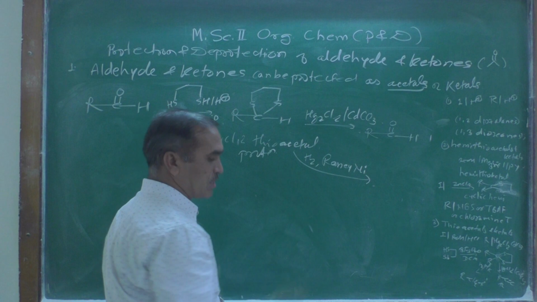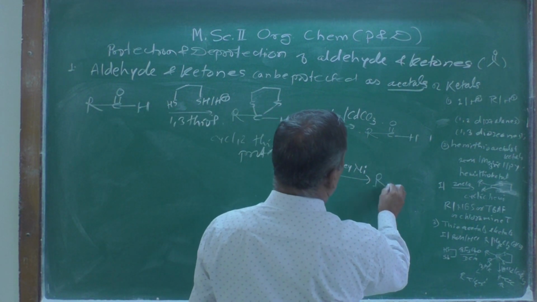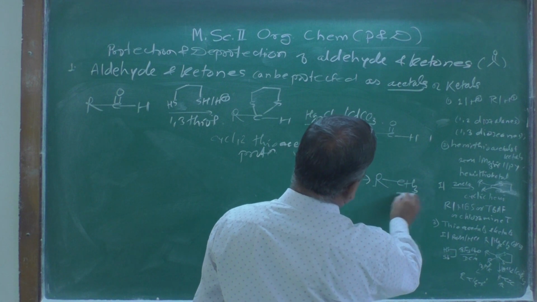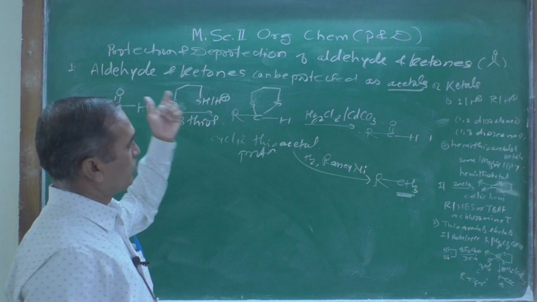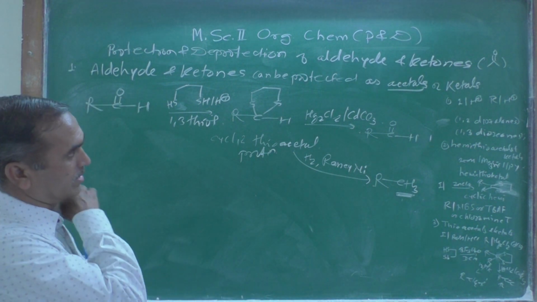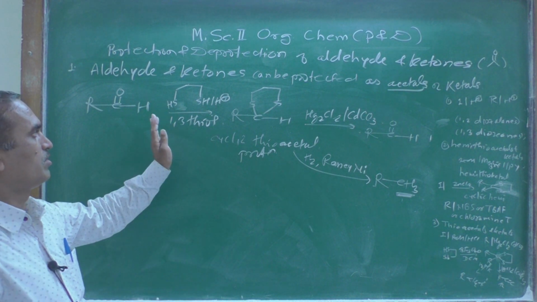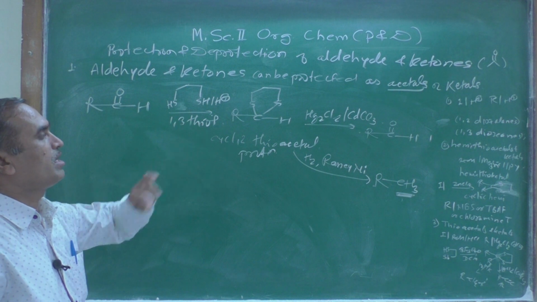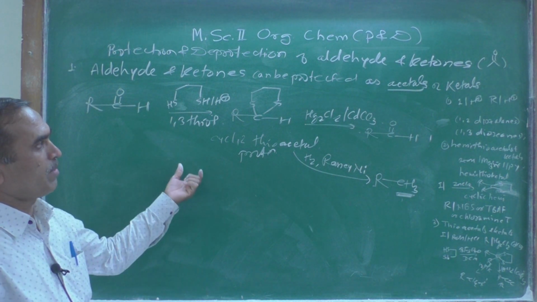So desulfurization takes place and the resulting product is RCH3 over here. Hydrocarbon you are going to get, the carbonyl group is completely removed, so you will get this type of product. Mechanism, whatever mechanism we have seen for 1,3 diol or 1,2 diol, it remains as it is.